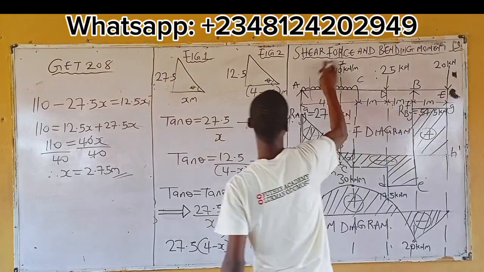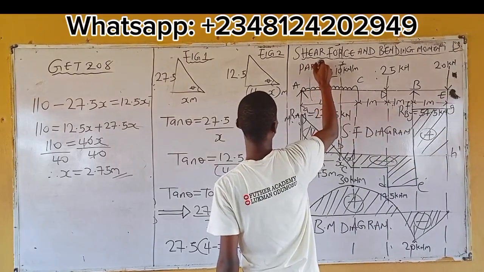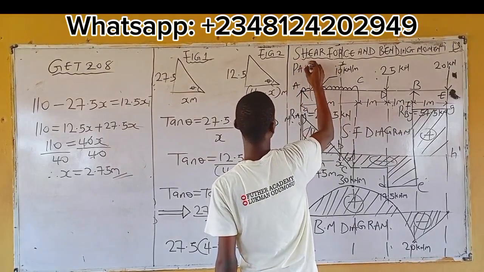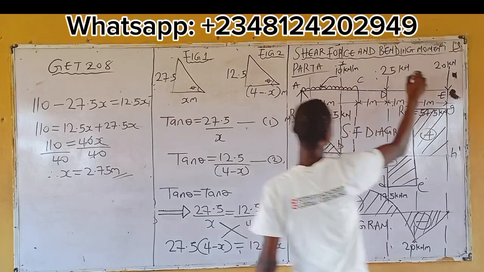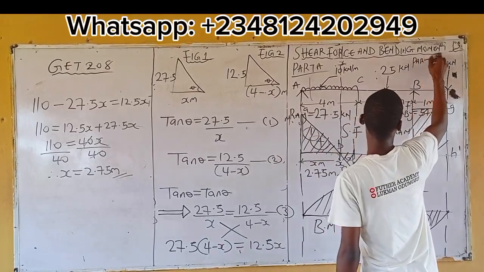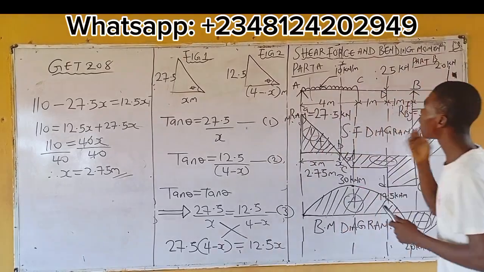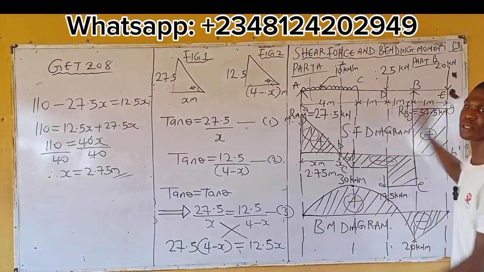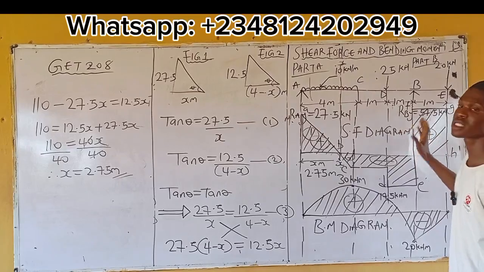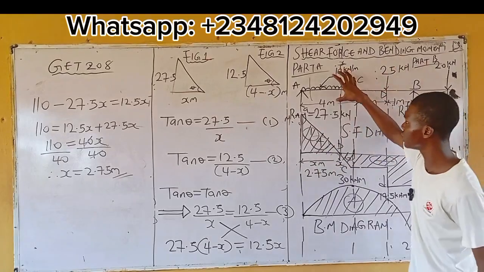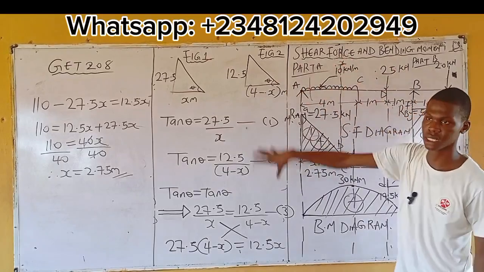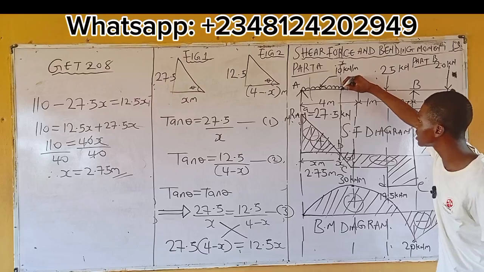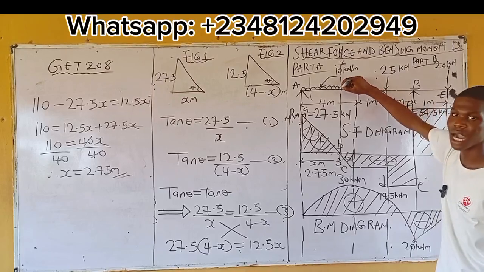So this is part A, and let's say this is part B. Once you've sectioned the beam, you've separated it into A and B. The one you are using is this A, meaning you are interested in part A. You are taking shear force at that point.